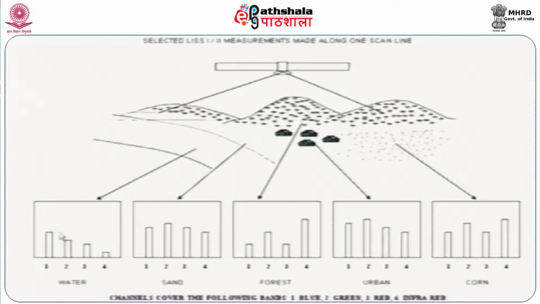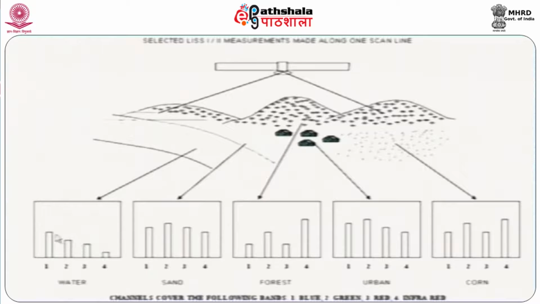Any given area, if you have different types of objects, please remember in remote sensing and GIS we use the word objects for everything and anything on the earth's surface. Any type of object here, water, sand, forest or urban, different bands behave or receive different reflected energy.